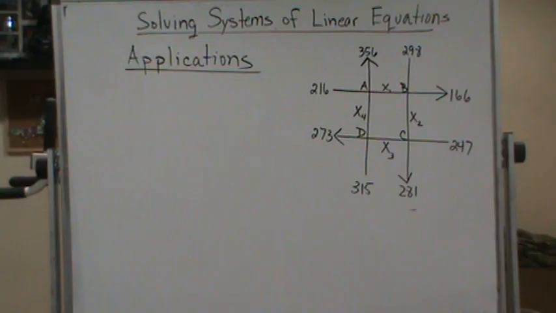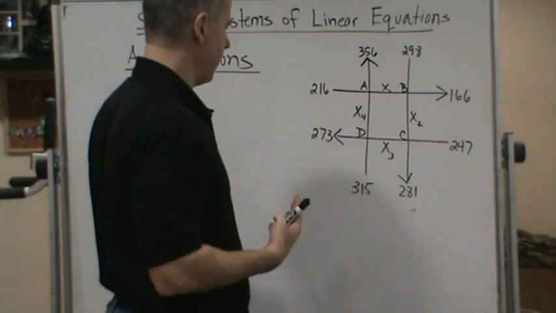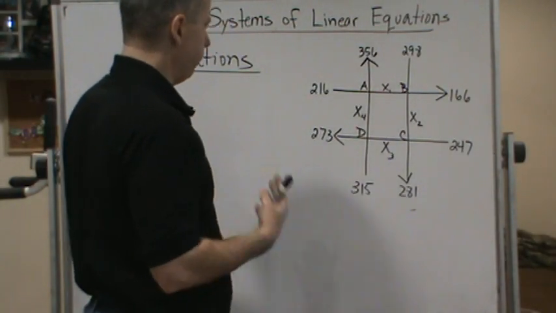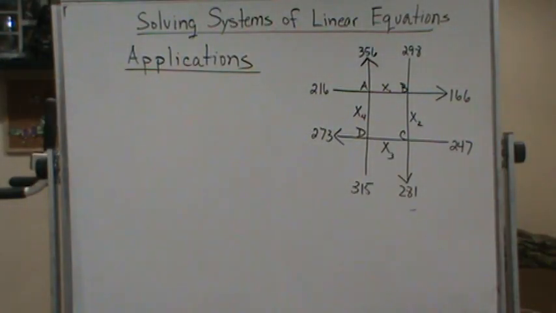So let's look at the different intersections. They want us to set up a system of equations that represents traffic flowing freely. Okay, so now let's look at the intersections.